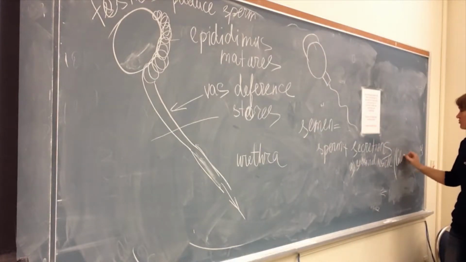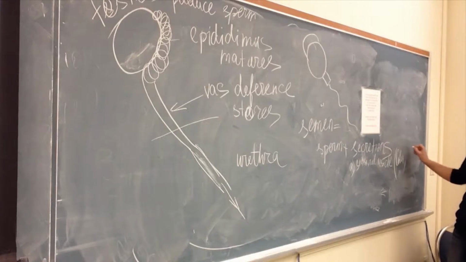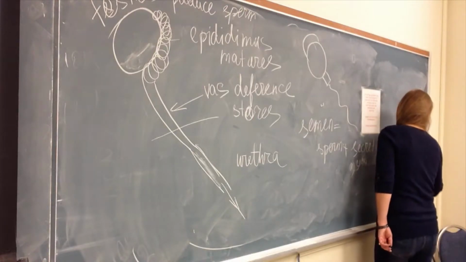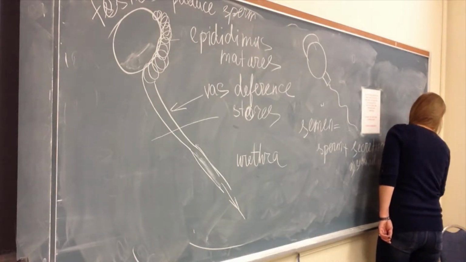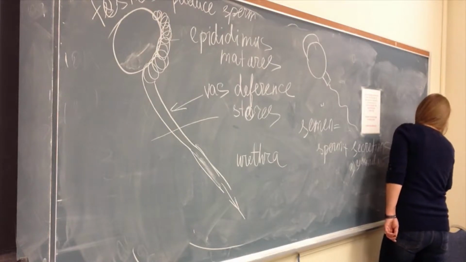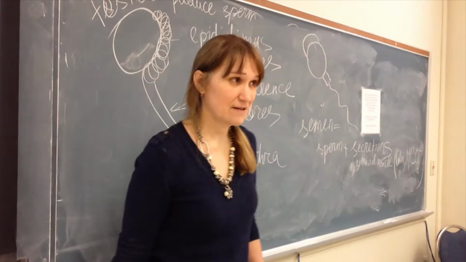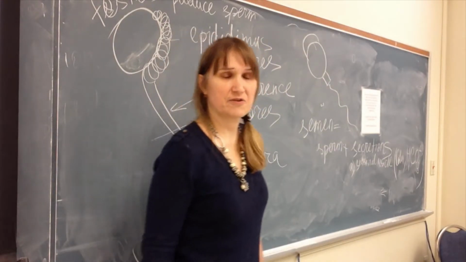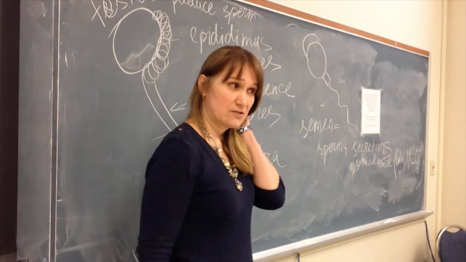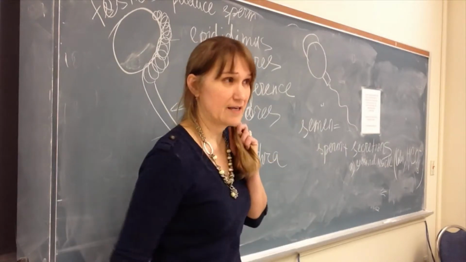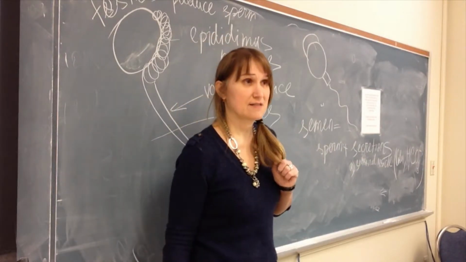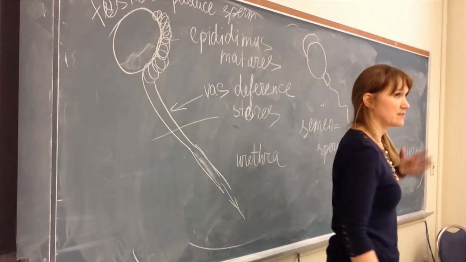So I'm putting here glucose, plus I'm putting here bicarbonate ion. I favor the bicarbonate ion because the vagina has a slightly acidic environment that prevents bacteria from being comfortable there. So it will slightly neutralize the acidic environment of the vagina, which makes the sperm viable.